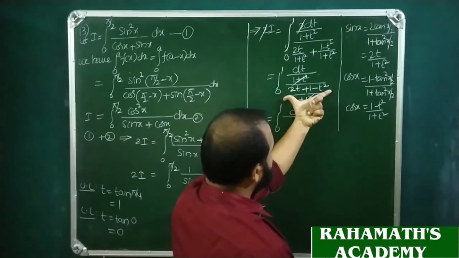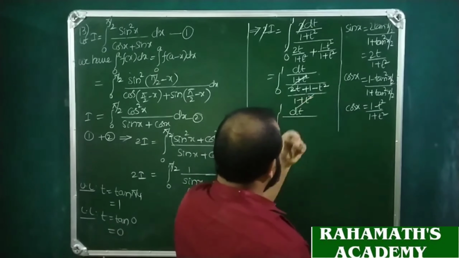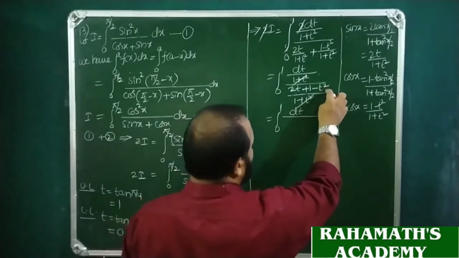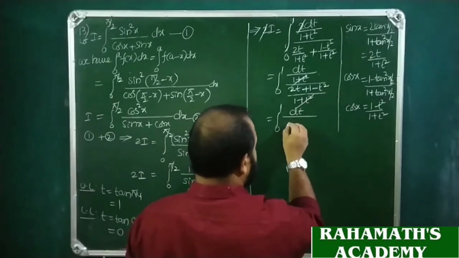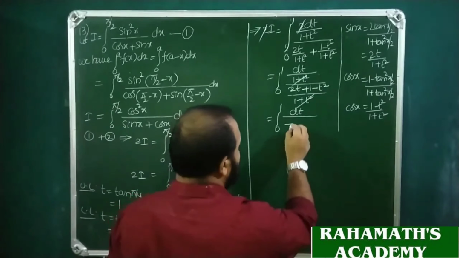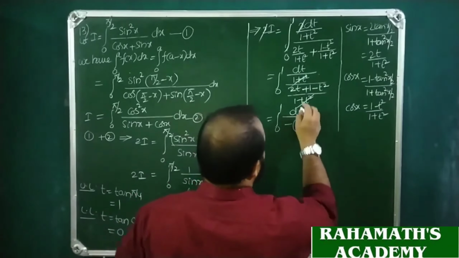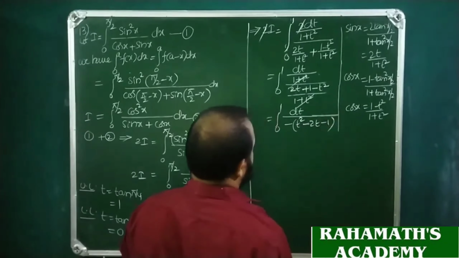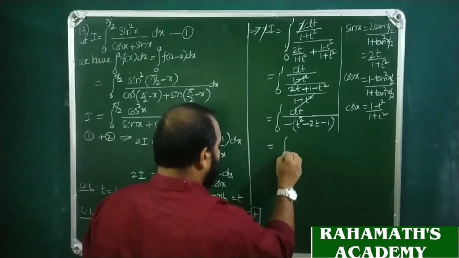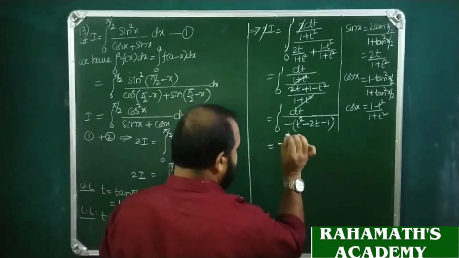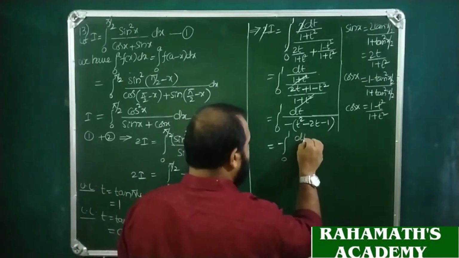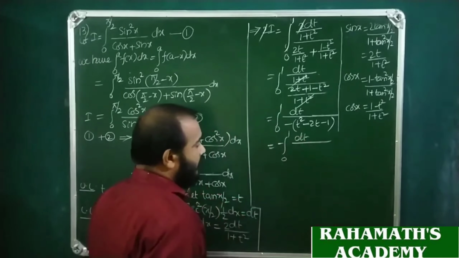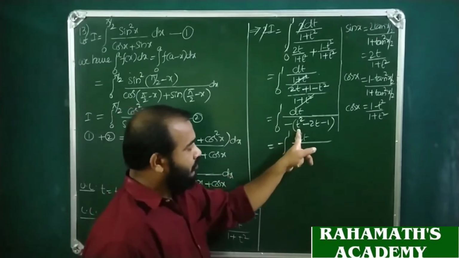This is a quadratic expression in terms of t. The t square coefficient has a minus sign, which is to be taken common. So t square minus 2t minus 1, and the minus I am writing outside: 0 to 1, dt by this. We know how to do this.